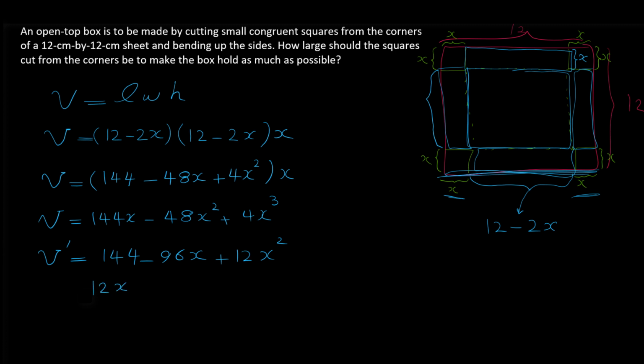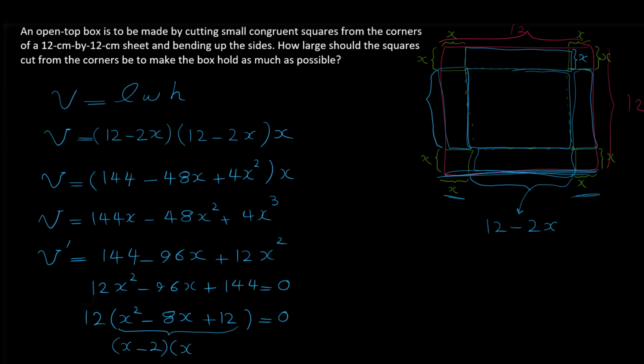So 12x^2 minus 96x plus 144 equals 0. If we pull out 12, we get x^2 minus 8x plus 12 equals 0. Note that we can factor this as x minus 2 times x minus 6. So x is 2 and x is 6.